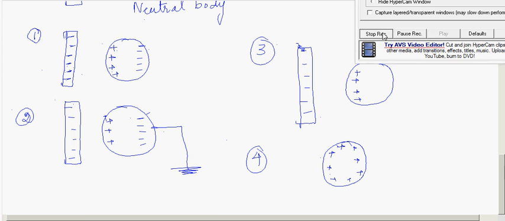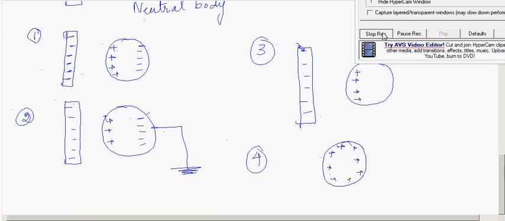Next, connect this neutral body to earth through a conducting wire. All the negative charges flow into the earth.